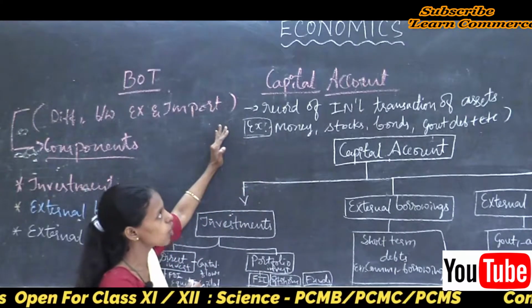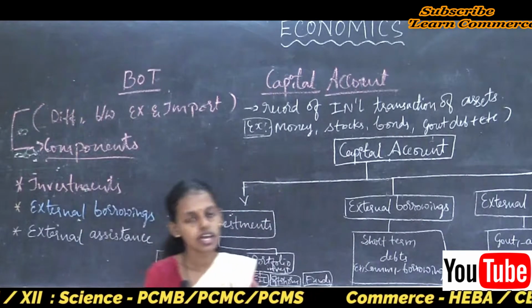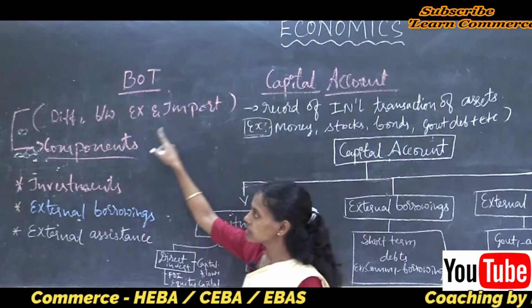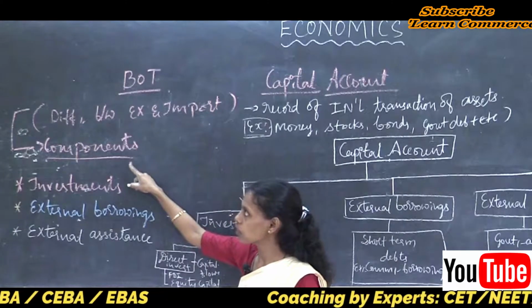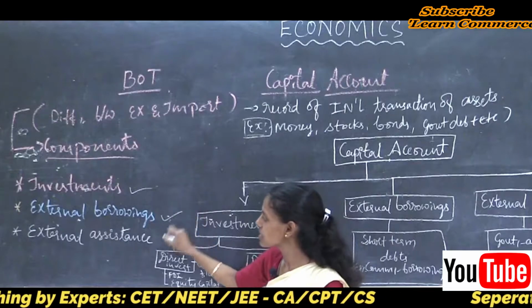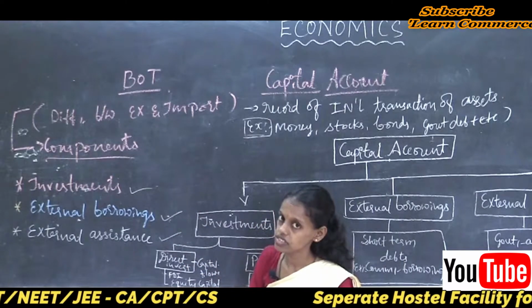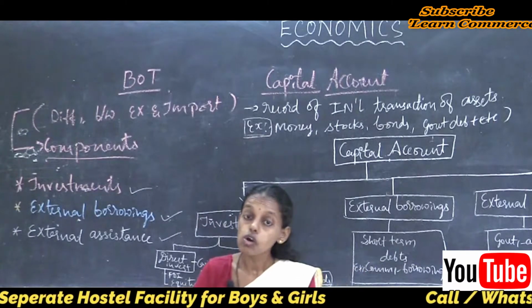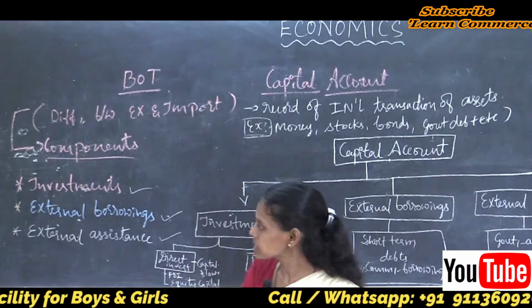So what are the components of this capital account? The capital account includes components such as investments, external borrowings and external assistance. Investment may be direct investment or portfolio investment.